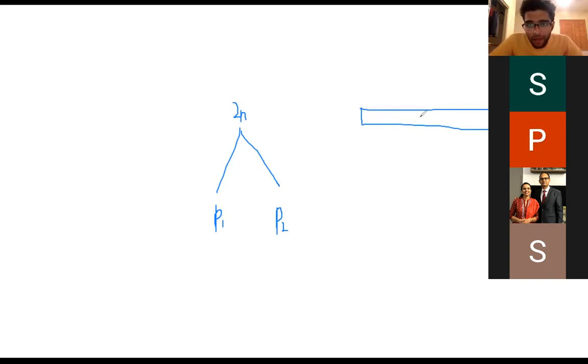Basically, Goldbach implies that you can split it up into two parts, where this would be P1 and this would be P2. Do you all agree with this analogy? This is what it's implying. Does this make any sense? You have an even number, you want to split it up into two primes. Yes, sir. Okay, very good.